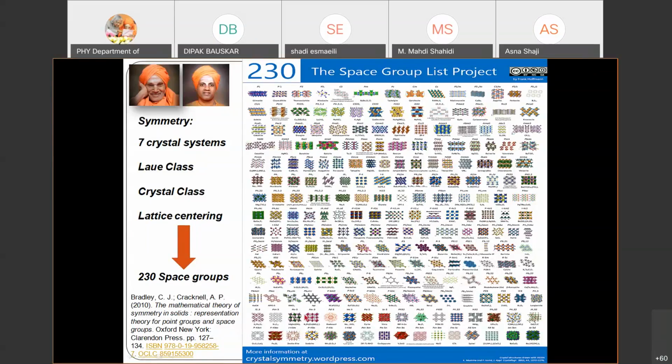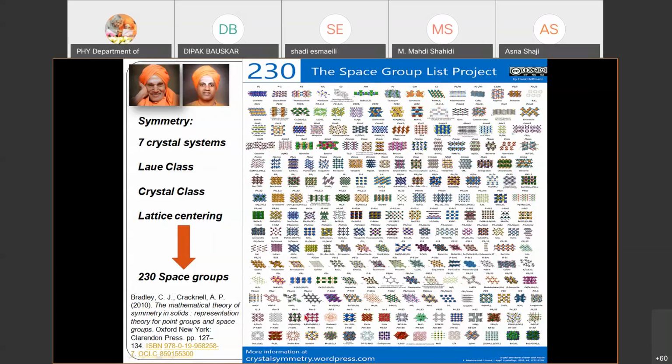Okay, I think I will share some of these PowerPoints. I will just search for space group on Google, then I will go to this list of space groups on Wikipedia.